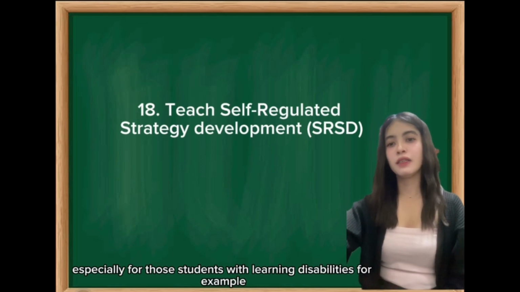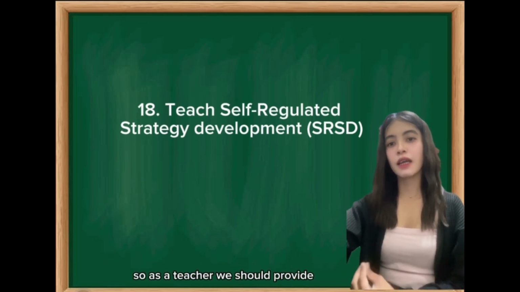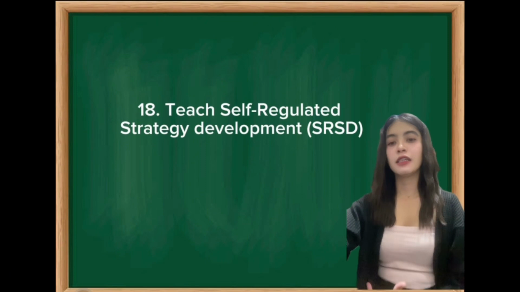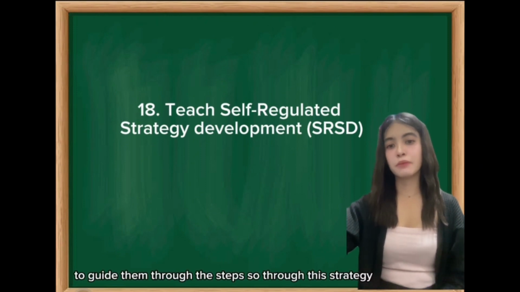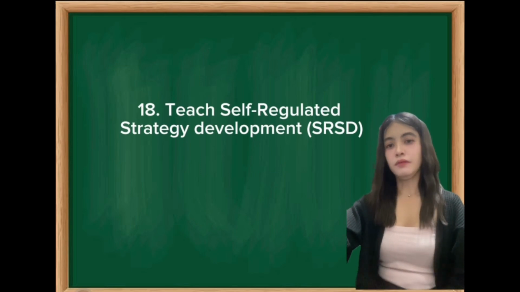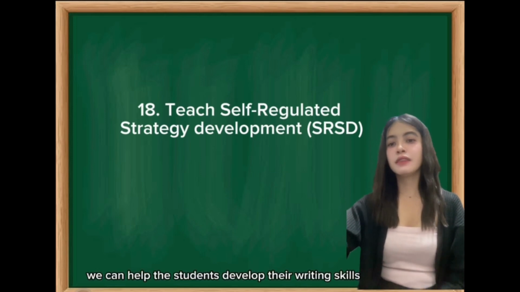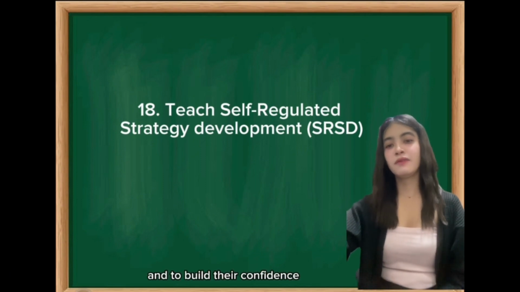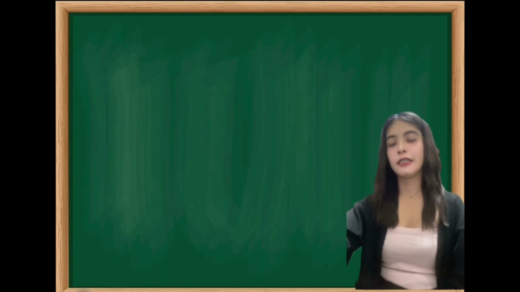For example, as a teacher, we should provide the students with organizers or checklists to guide them through the steps. So through this strategy, we can help the students develop their writing skills and build their confidence even more.